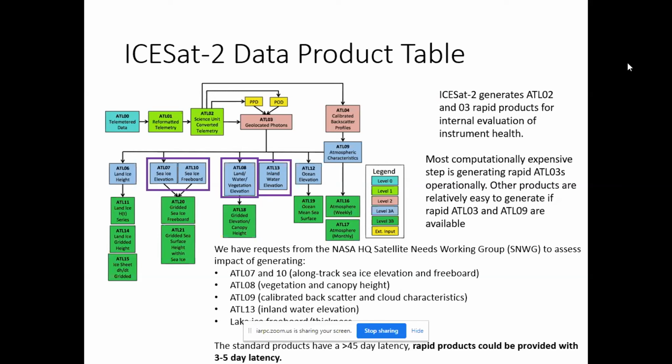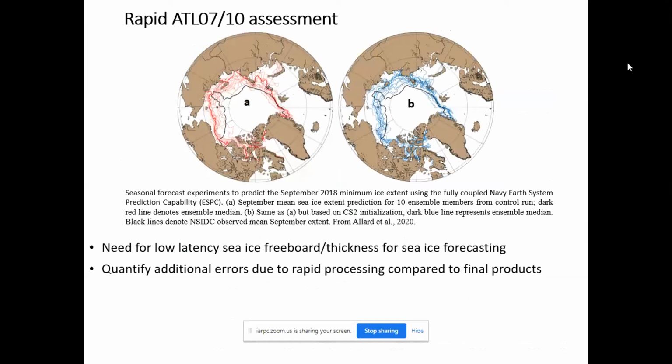Again, some of the motivation, I don't need to preach to the choir here. This is a figure from one of Rick Allard's papers showing CryoSat-2 assimilation into a model and how that helps improve sea ice forecasts.